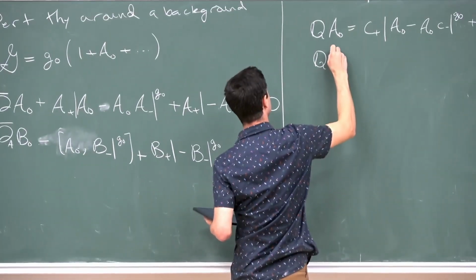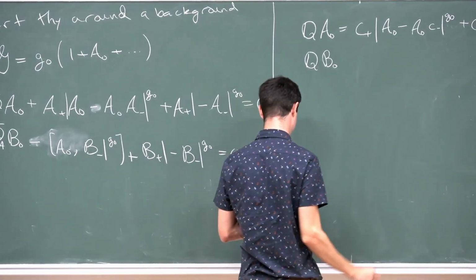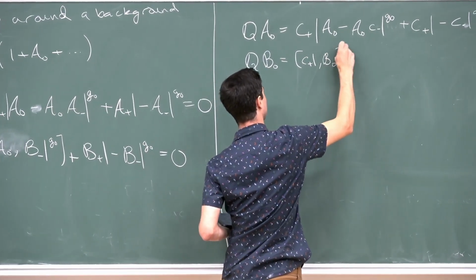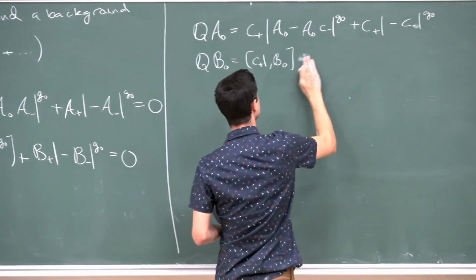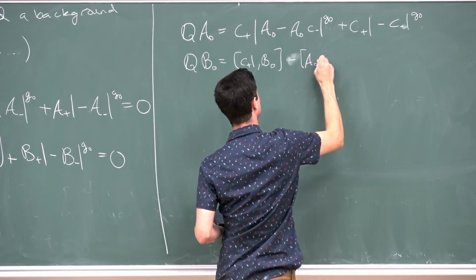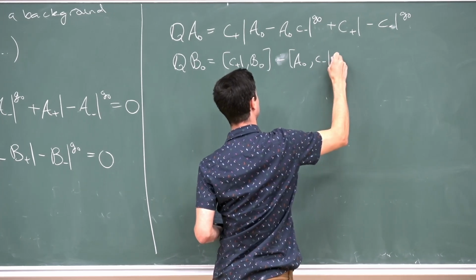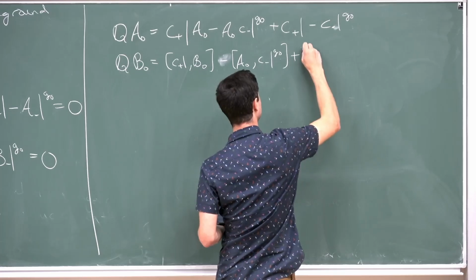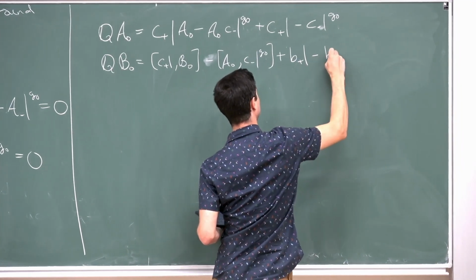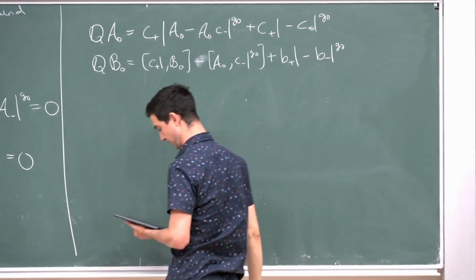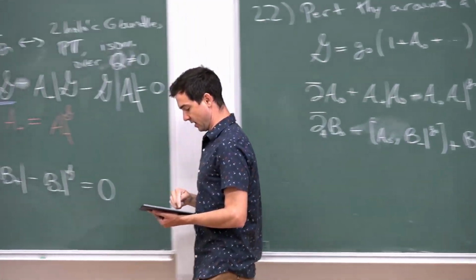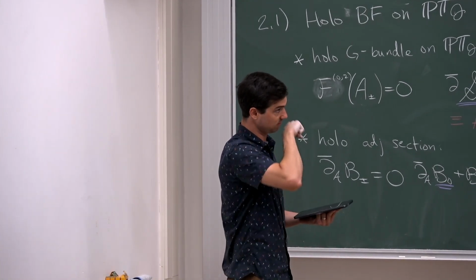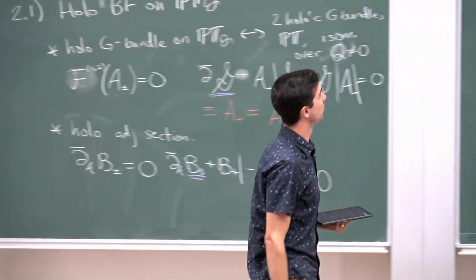And gauge transformations of B0 look like this. And so now we can try to stare at this for a while and come up with something up there.